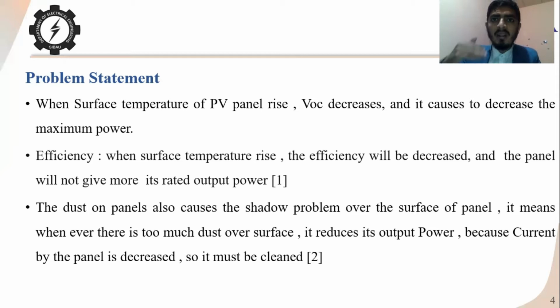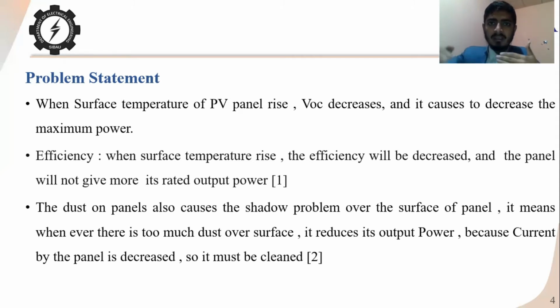And whenever there is a shadow problem in the PV panel, the current is reduced. And ultimately, when the current is reduced, the output power will not be achieved as per its ratings. So the dust on the PV panel also causes a shadow problem because the dust is accumulated on the PV panel.